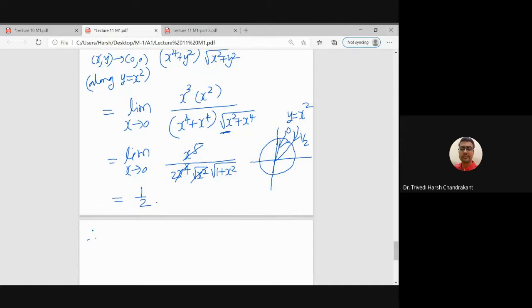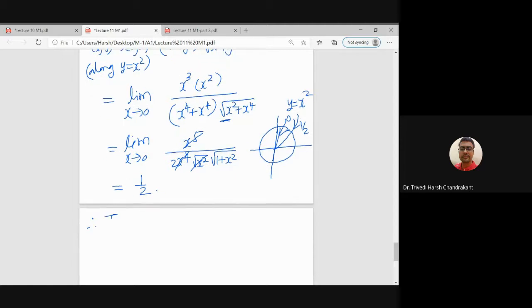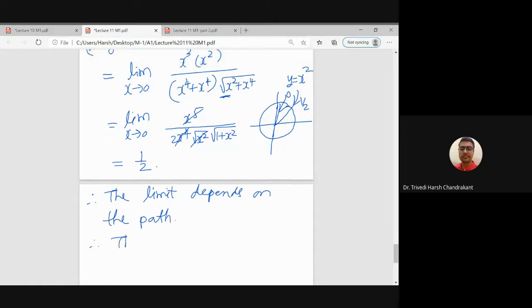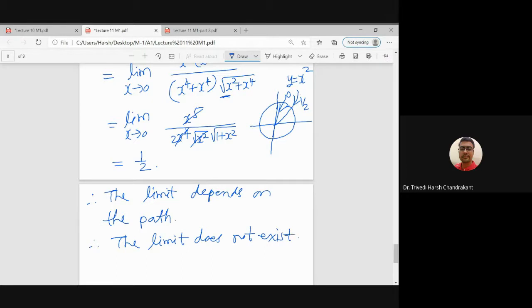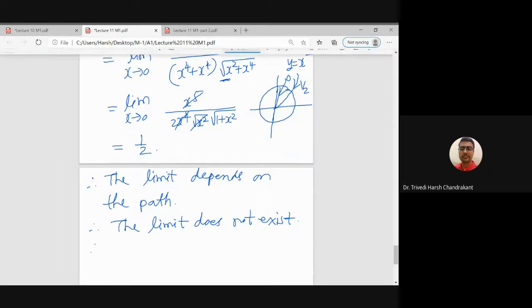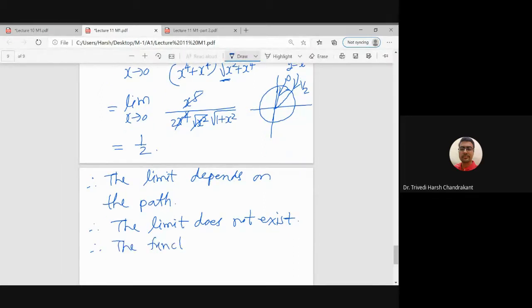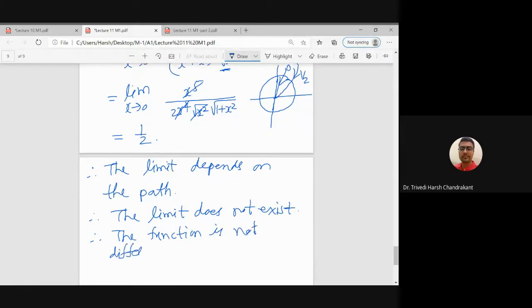So that means the limit depends on the path chosen, and therefore the limit does not exist. Since the limit does not exist, the function is not differentiable at origin.